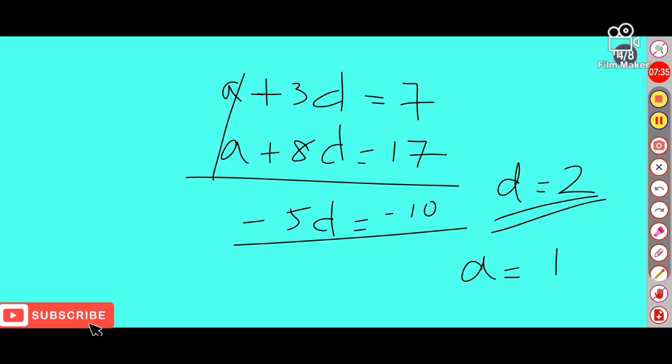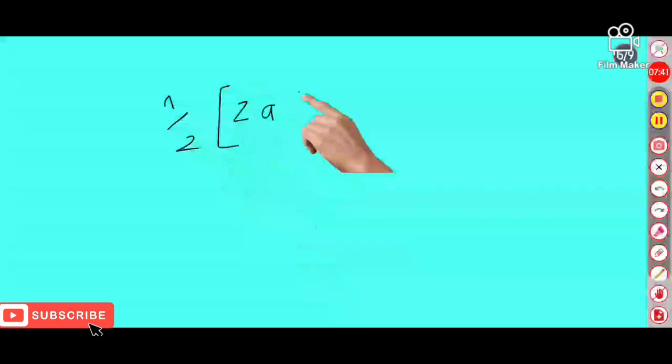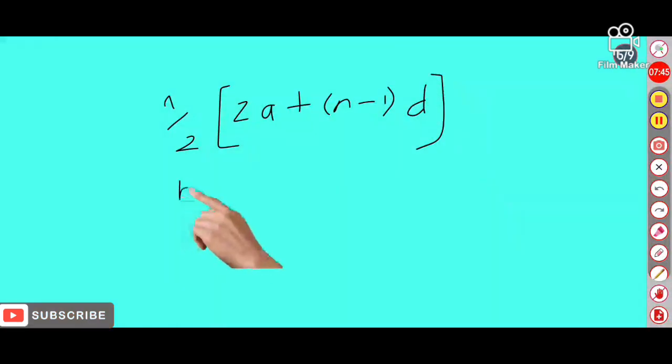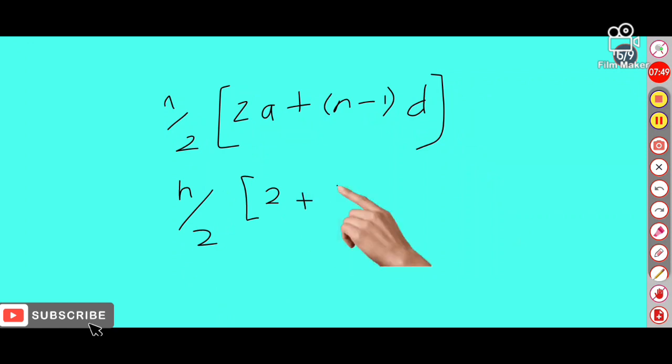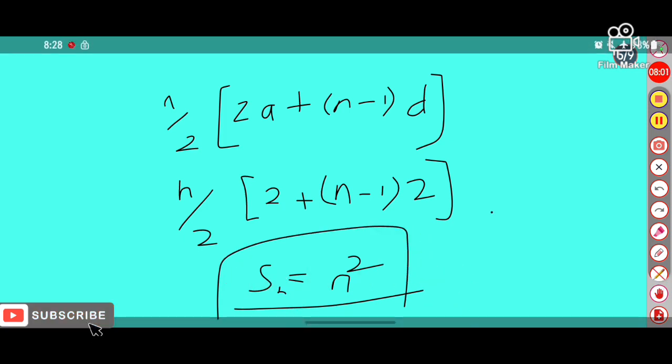Again, n by 2 into 2a plus (n minus 1) into d. We don't know the value of n over here. So n by 2 into (2 ones are 2) plus (n minus 1) into the value of d, which is 2. When you simplify this, you get n square. That is the Sn value that has been asked in the question.